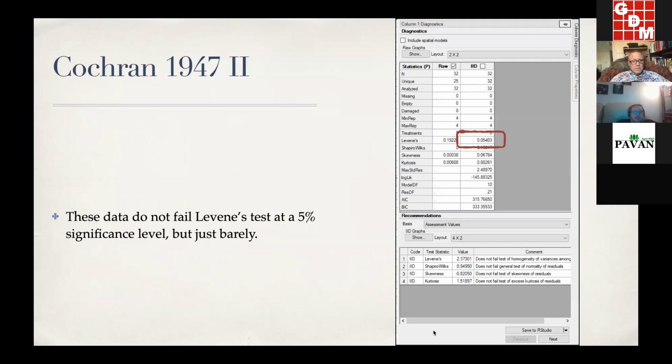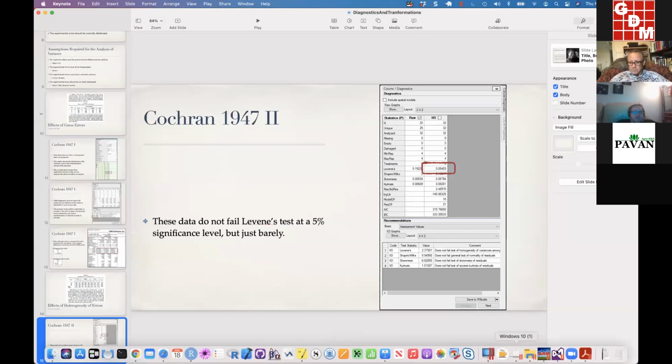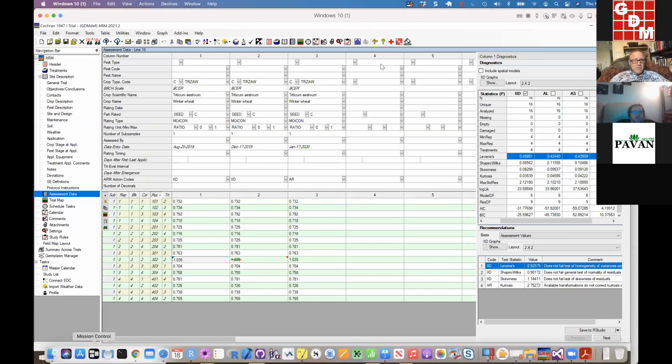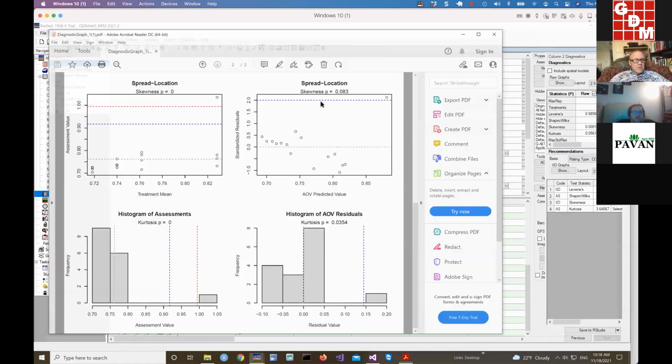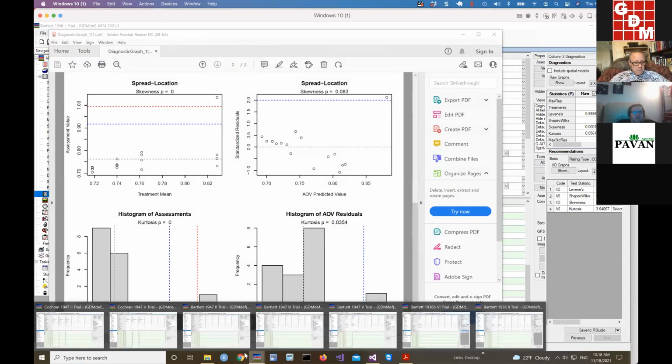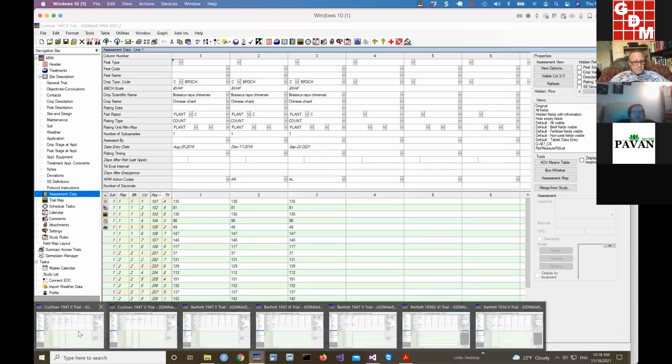So Cochran's example 14.7.2, and we'll go ahead and pull that one up. Let's see, I've already gone through Cochran 1, so we can close Cochran 1. Hopefully it's not going to do my check for updates. Cochran 2 trial.